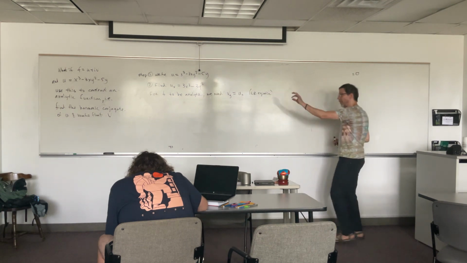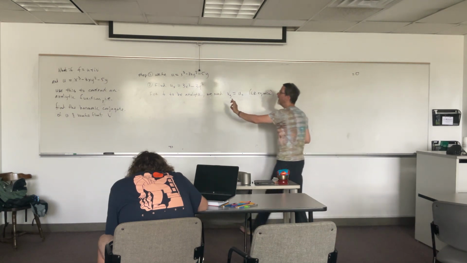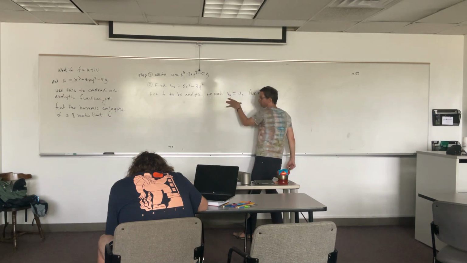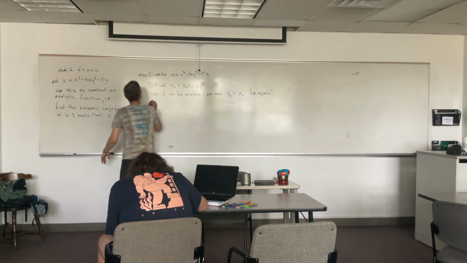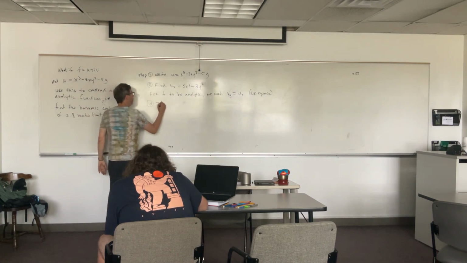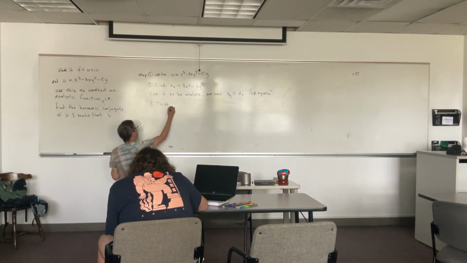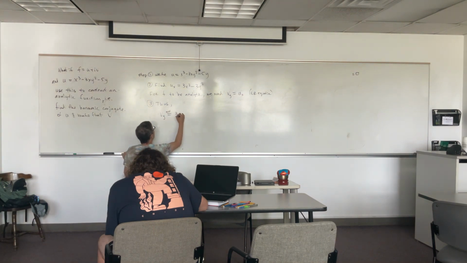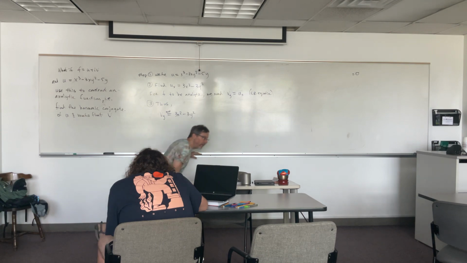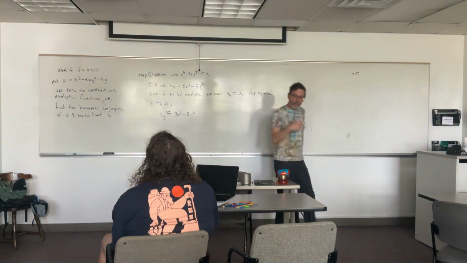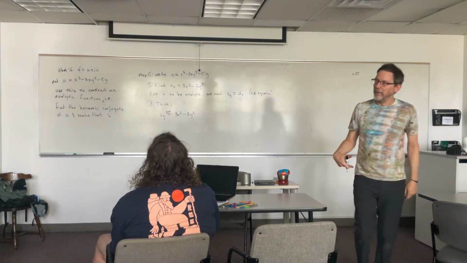I can move from the partial of u with respect to x into the partial of v with respect to y. So v_y must equal 3x squared minus 3y squared.